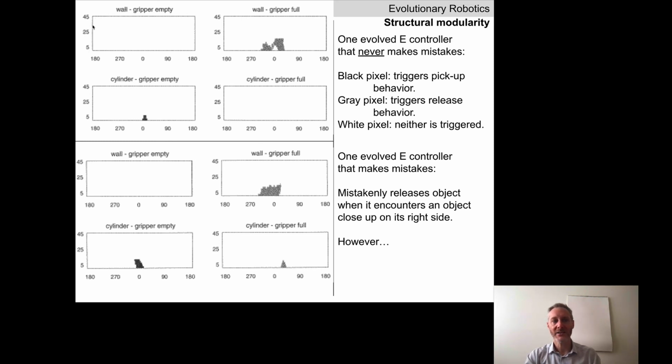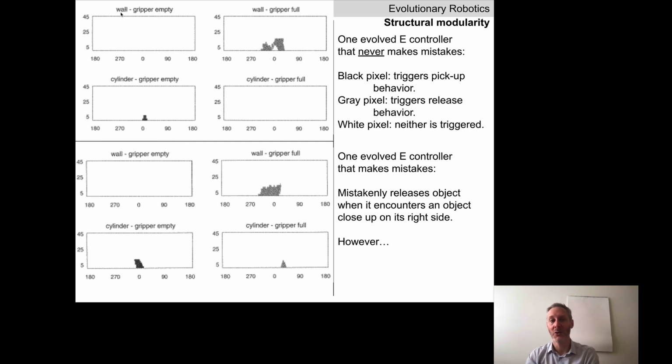The vertical axis represents how far away that robot is from the wall or the object. Very close to the wall or object, very far from the object or wall. Each pixel then represents a particular starting angle of the robot and distance from the wall or the cylinder. Each of these 4 panels corresponds to 4 different situations.